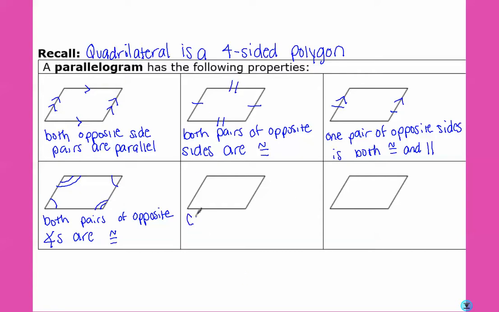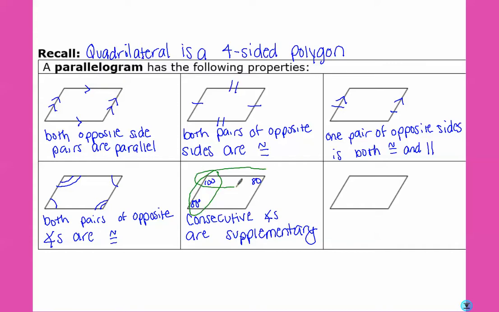Another rule about the angles is that consecutive angles are supplementary, meaning they add up to 180 degrees. So if this one's 80 degrees, this one's 100, which would make this one also 80, so that those are consecutive, they add up to 180, those are consecutive, those add up to 180.